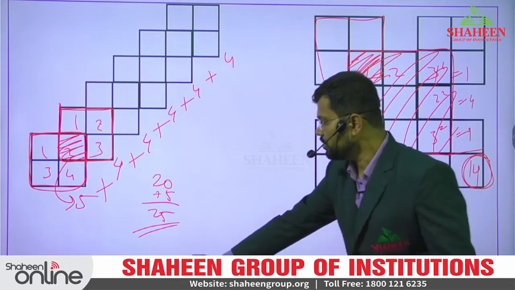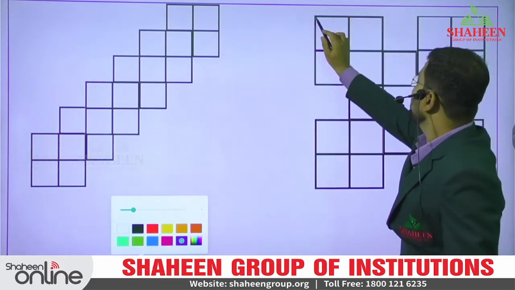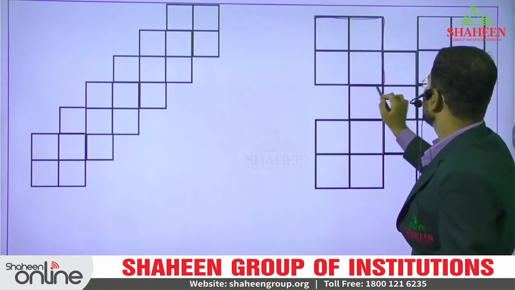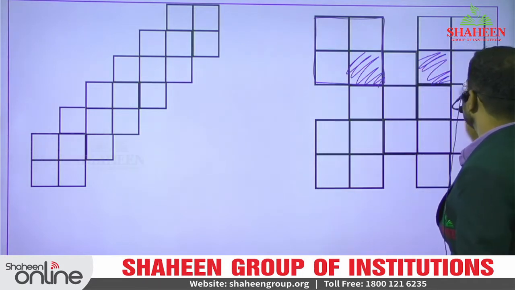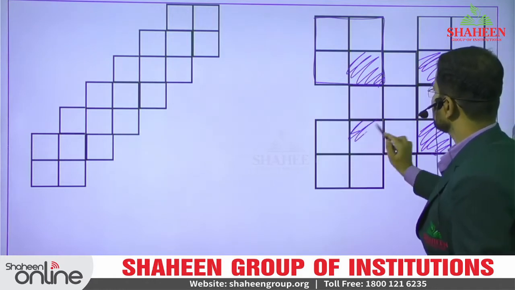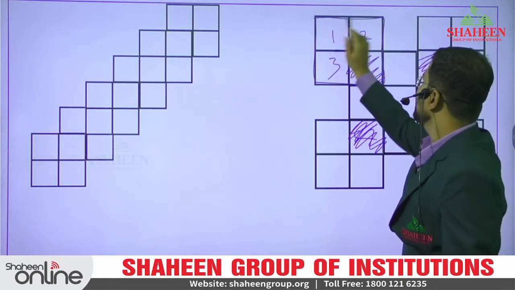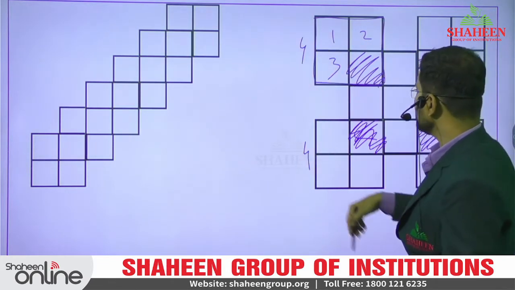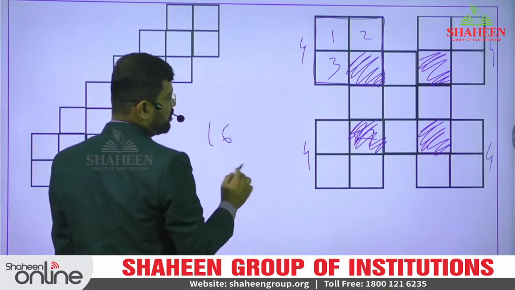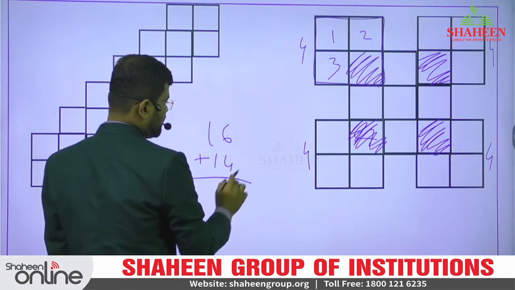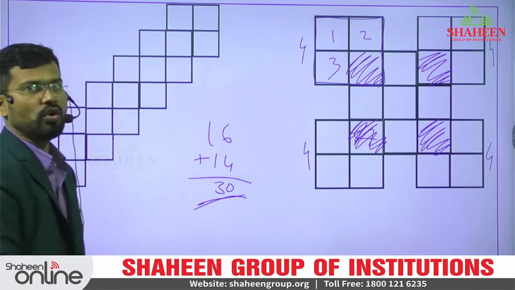Now 1, 2, 3, and the outer one is 4, so here 4, here 4, and here 4. 4 into 4 is 16, 16 plus 14, so 10, 20, this is 30. How many squares are there? There are 30 squares in the given figure.